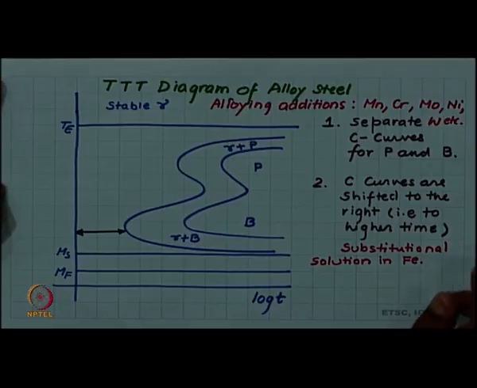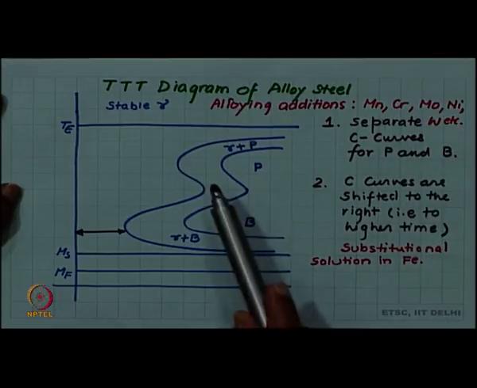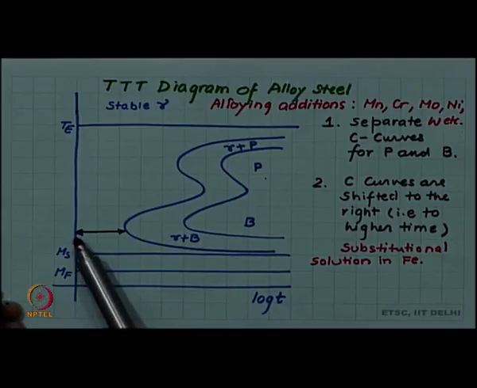So, because of this slower diffusion of the alloying additions, both the pearlite and bainite transformations become slower and give you more time at the nose.